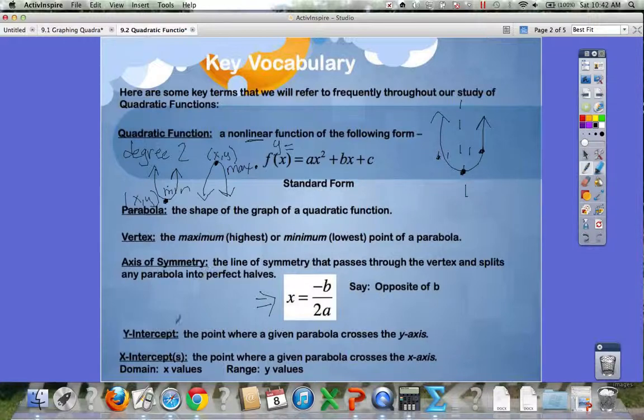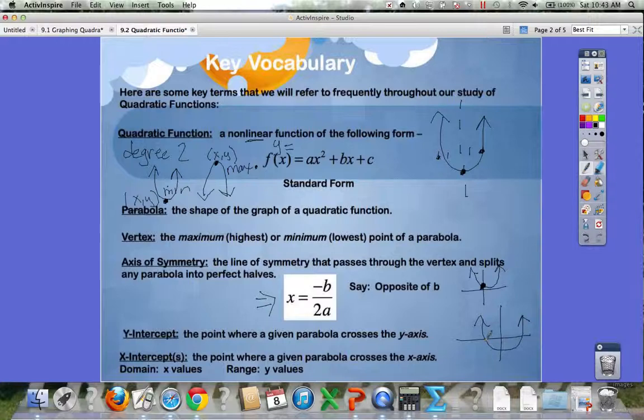All right, the y-intercept is still where your parabola crosses your y-axis. A parabola will only cross the y-axis in one place, and that'll be an ordered pair also. Your x-intercepts, however, could be 1, could be 2, or could be none.